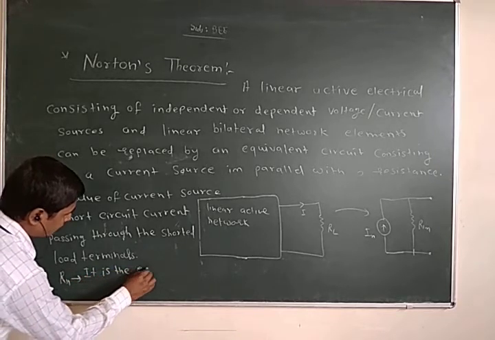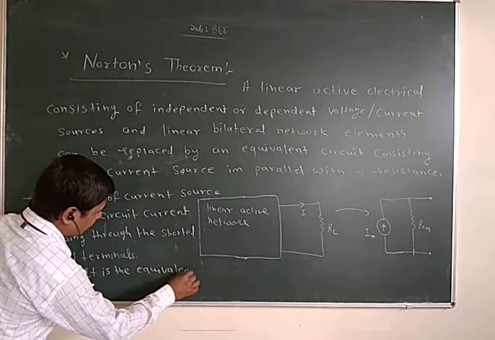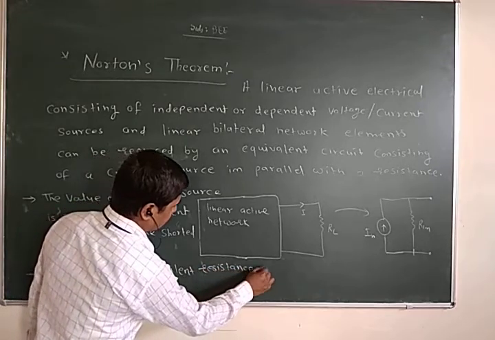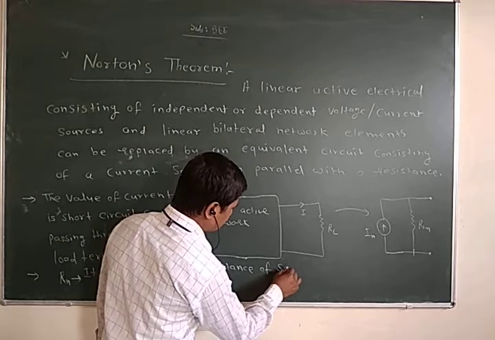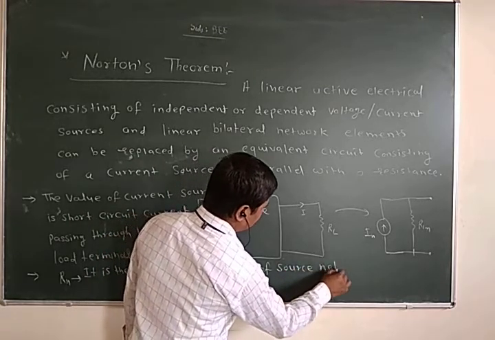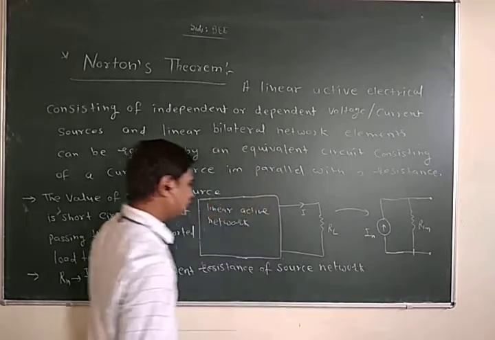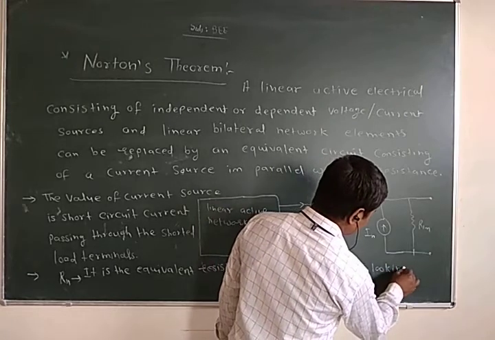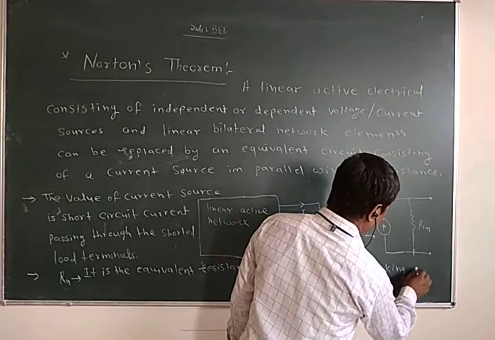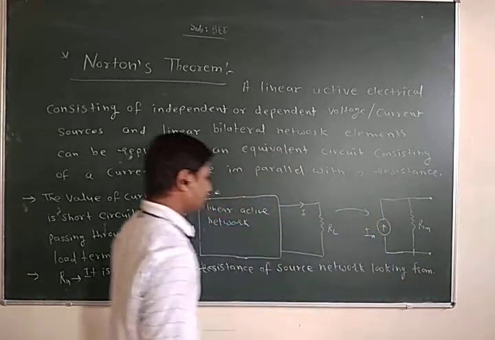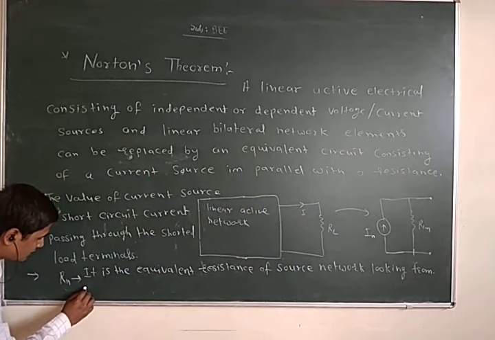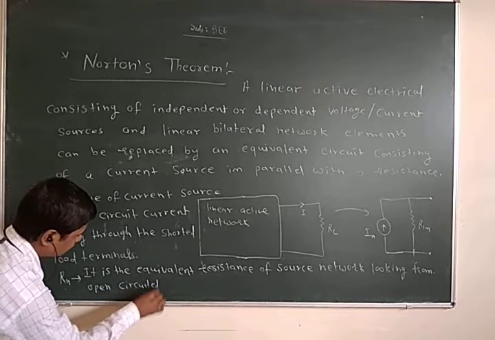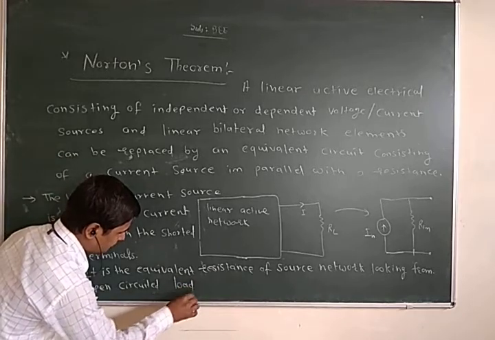It is the equivalent resistance of the source network looking from the open circuit load terminal sides.